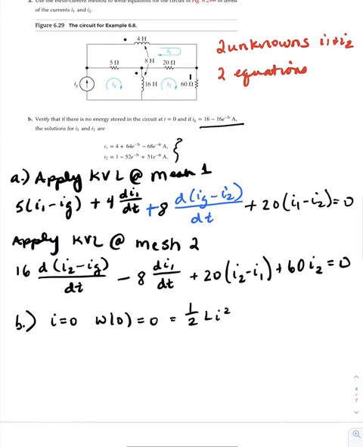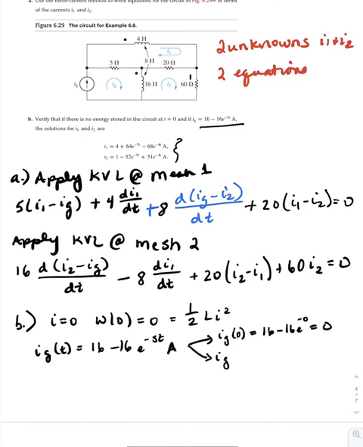All right, so we have I sub g is equal to 16 minus 16 e to the minus 5t amps, and at 0 it would be 16 minus 16 e to the minus 0, which is 1. So I sub g would be 0.